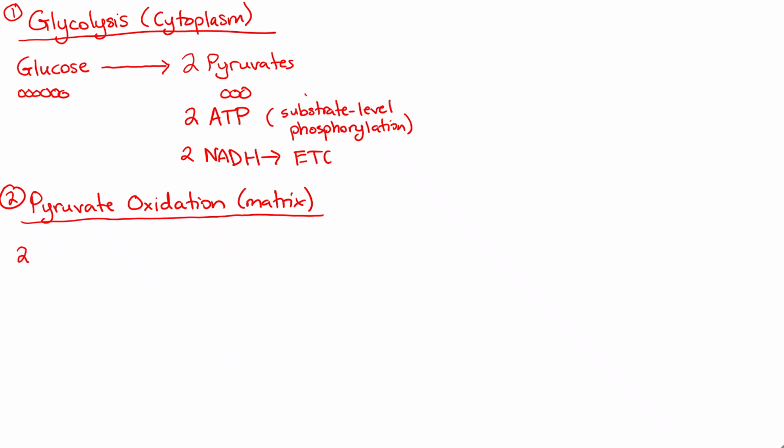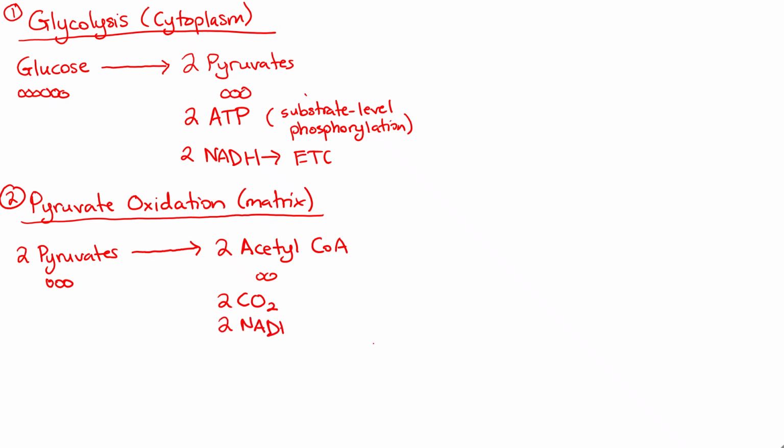Now, 2 pyruvates again break down to 2 acetyl-CoA. So what does it look like? We have a 3 carbon now to a 2 carbon. What's released along the way? 2 CO2s and 2 NADH, which goes to the ETC.